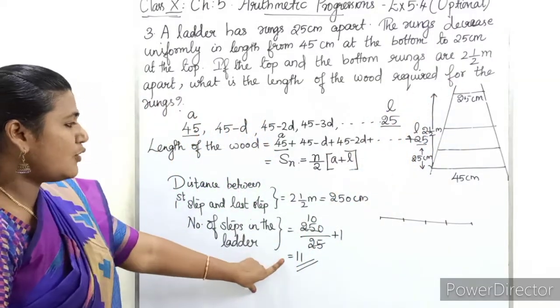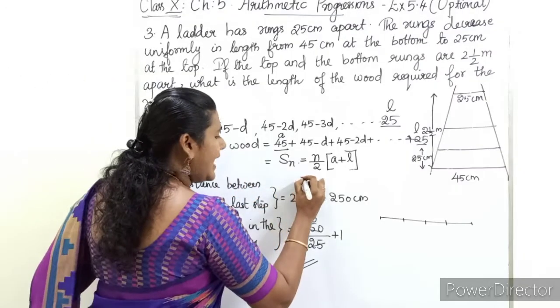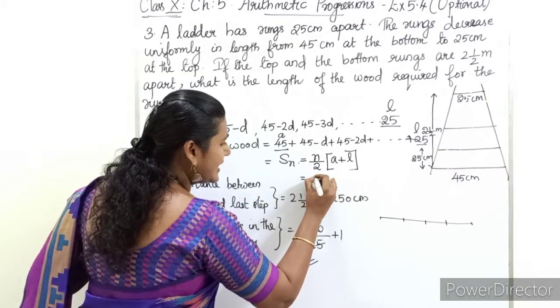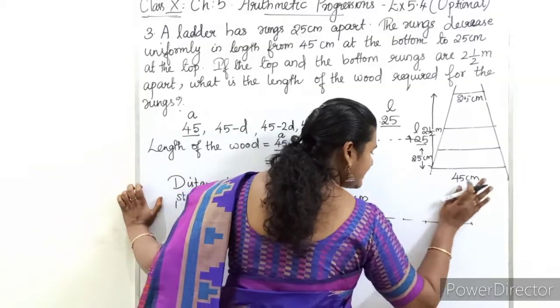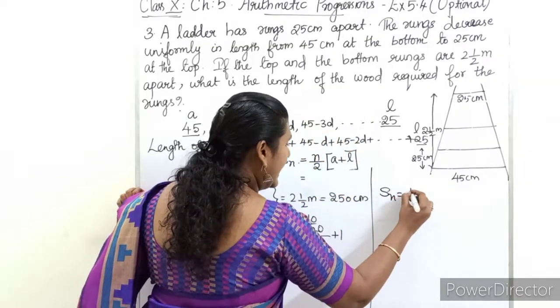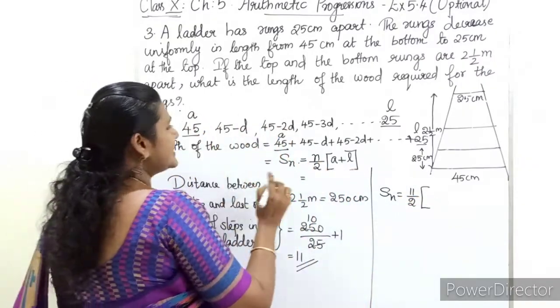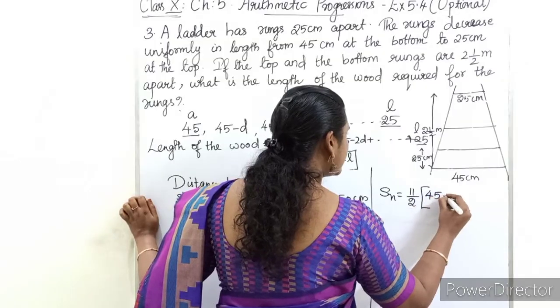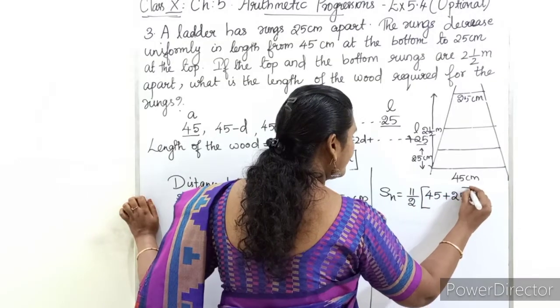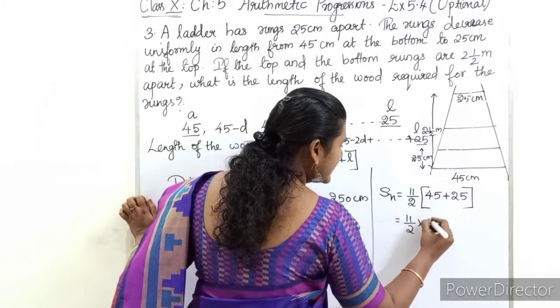So we got the value of n. This value we will substitute here. So in the n place we will substitute 11. So here I'll write Sn. Sn is equal to 11 by 2 into, what is the value of A? First term is 45 and last term is 25. So 45 plus 25, 11 by 2 into 70.